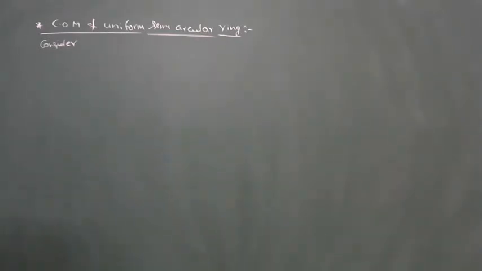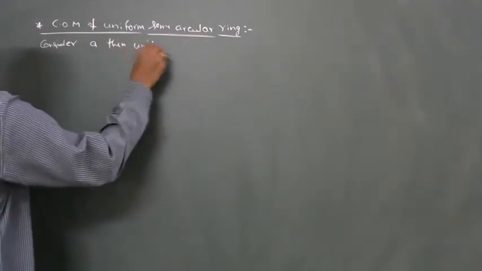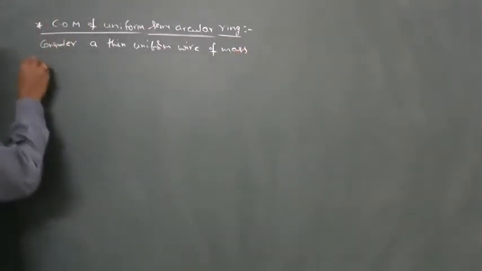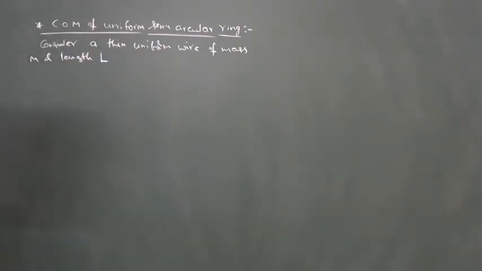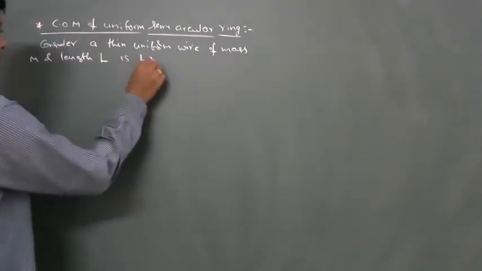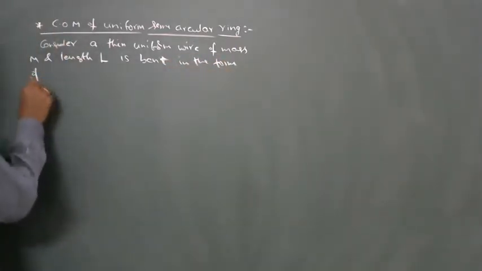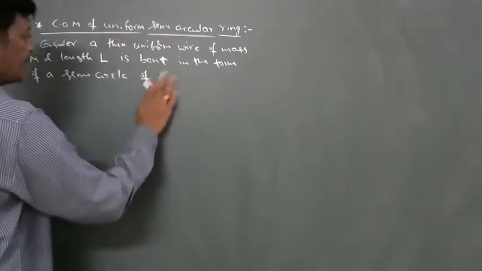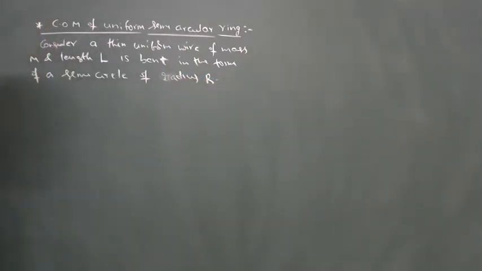Consider a thin uniform wire of mass m and length L, bent in the form of a semicircle of radius r.